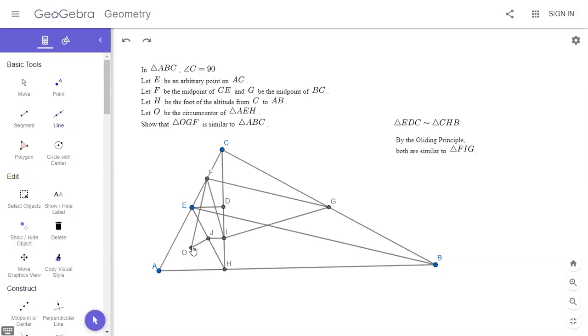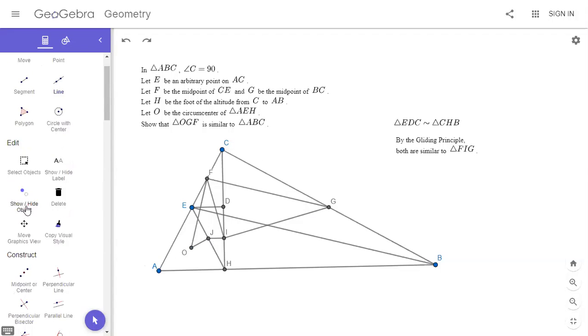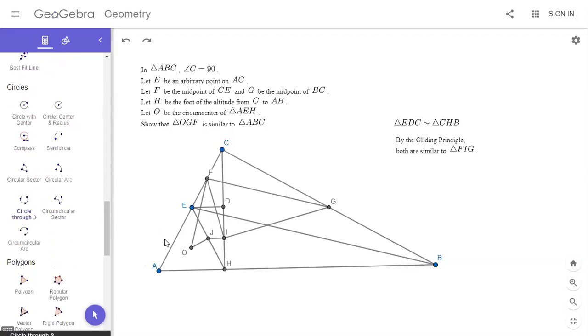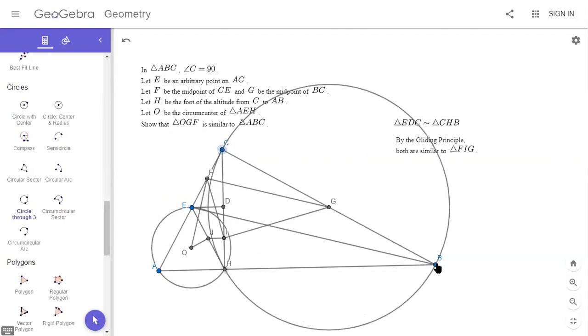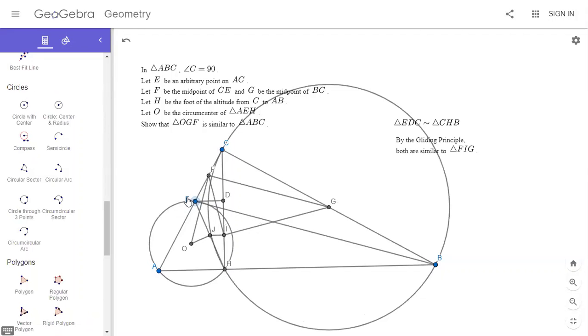So I'm thinking GO is like the line connecting the centers of two circles. So basically, if you have the circumcircle of AH and the center's O, and then you have this circle through CHD, and the center is G, then the line connecting the two centers should be perpendicular to the radical axis.